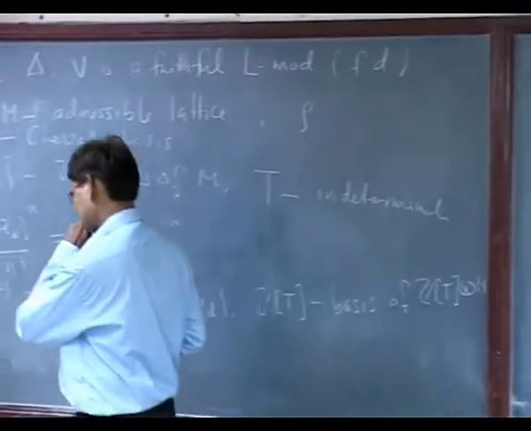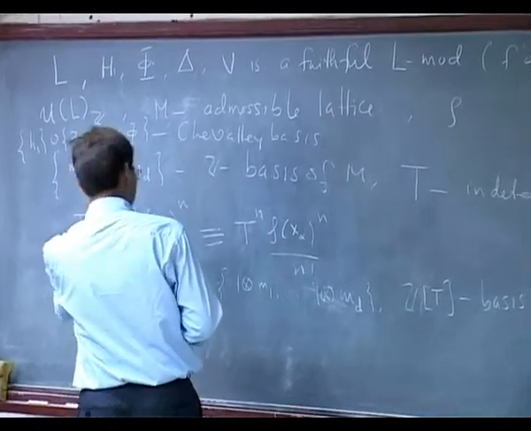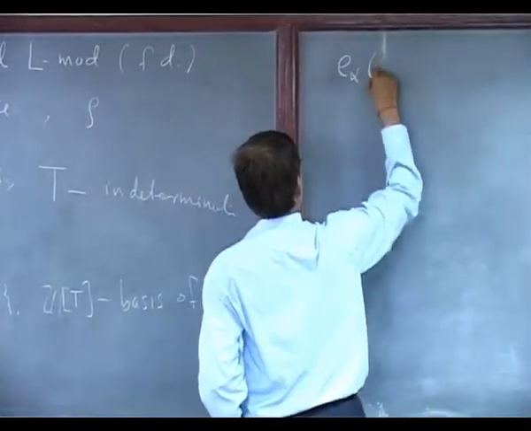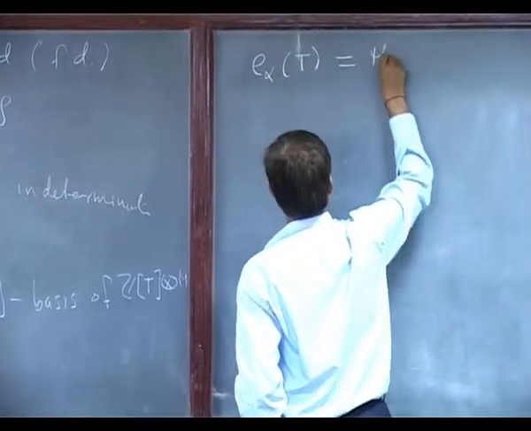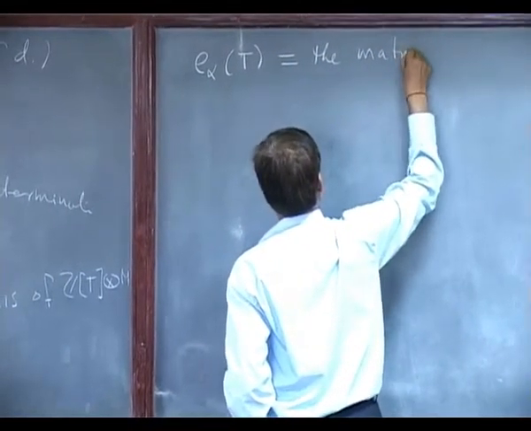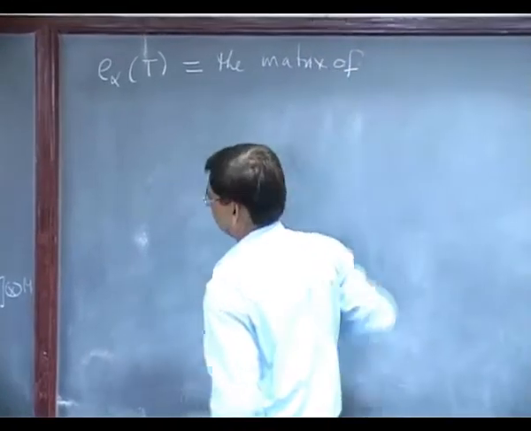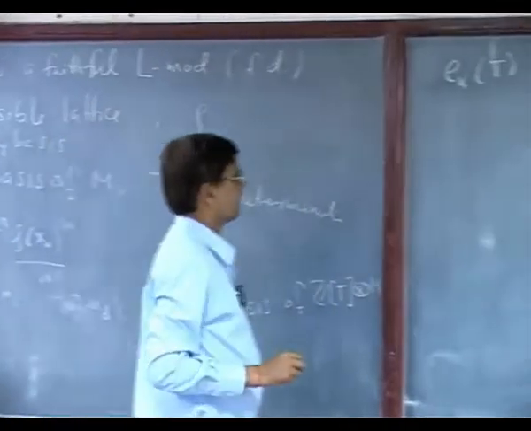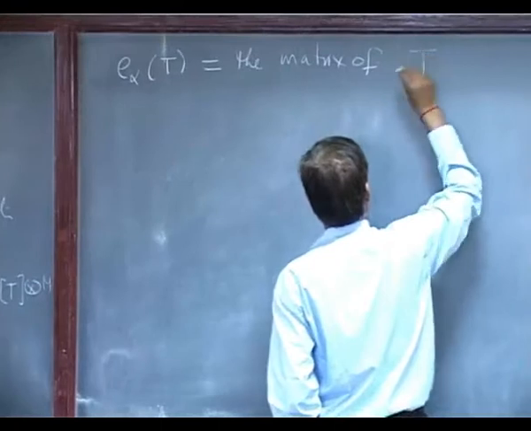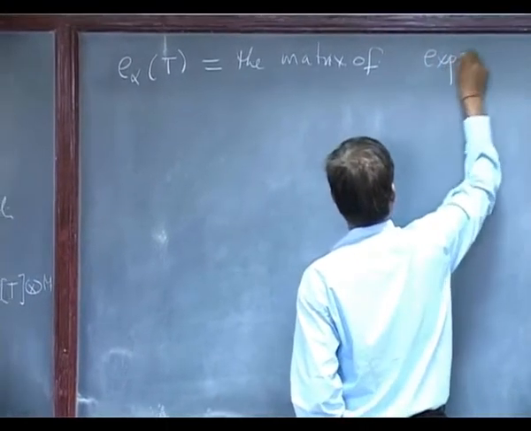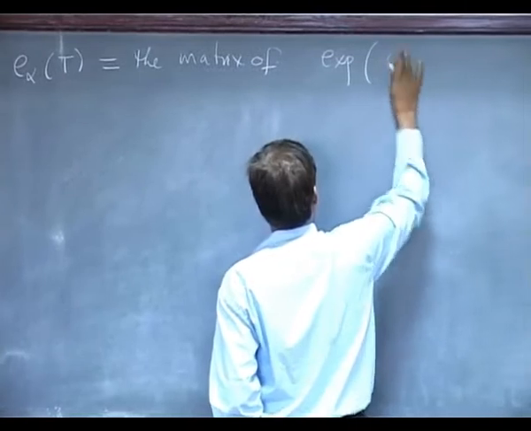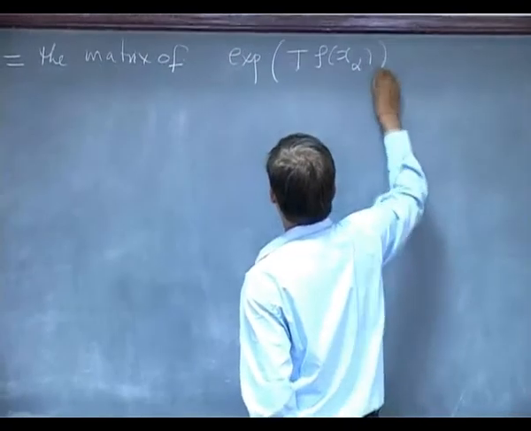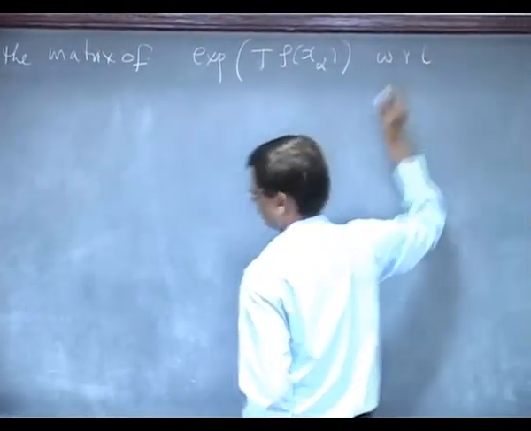Suppose this E_alpha(T), this is the matrix of this transformation, the exponential of T rho(x_alpha).